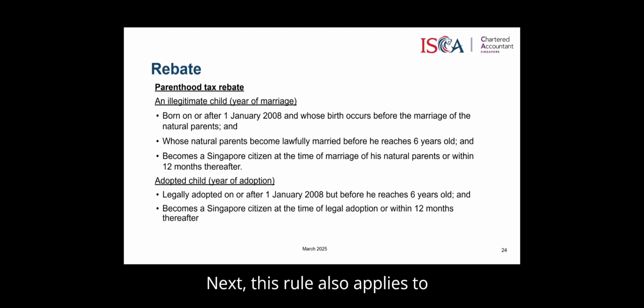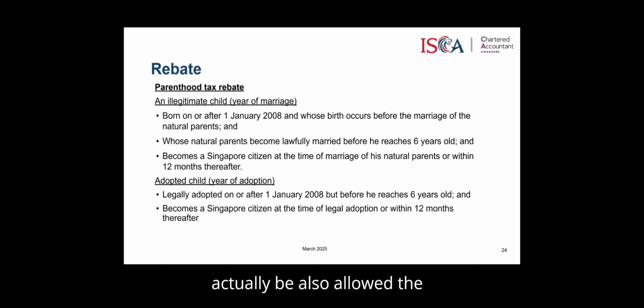Next, this rule also applies to what is called an illegitimate child, which basically means that the parents were not lawfully married at the time of birth, but married after, and the child becomes a Singapore citizen.